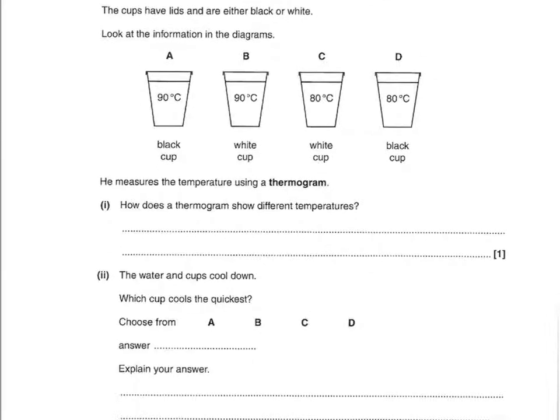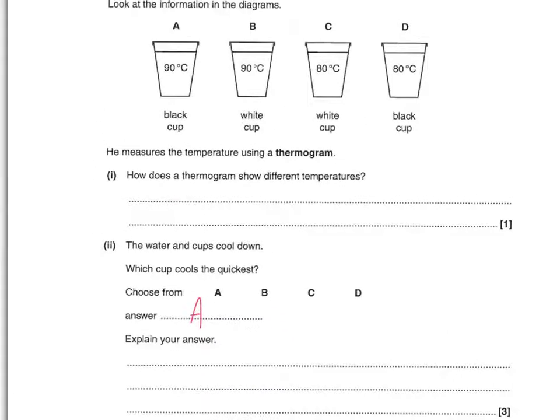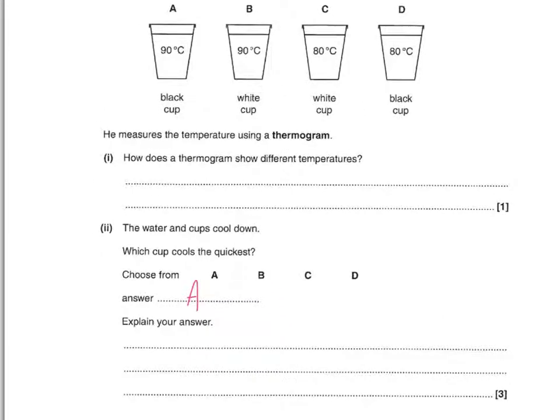And it says the water and cups cool down. Which cup cools the quickest? So here, you've got to choose cup A, which will get you 1 mark, and then explain why. There's 3 marks here, so you need both of these next 2 points. First mark is saying A. The next mark is saying it starts at a high temperature, so cup A starts at the highest temperature.